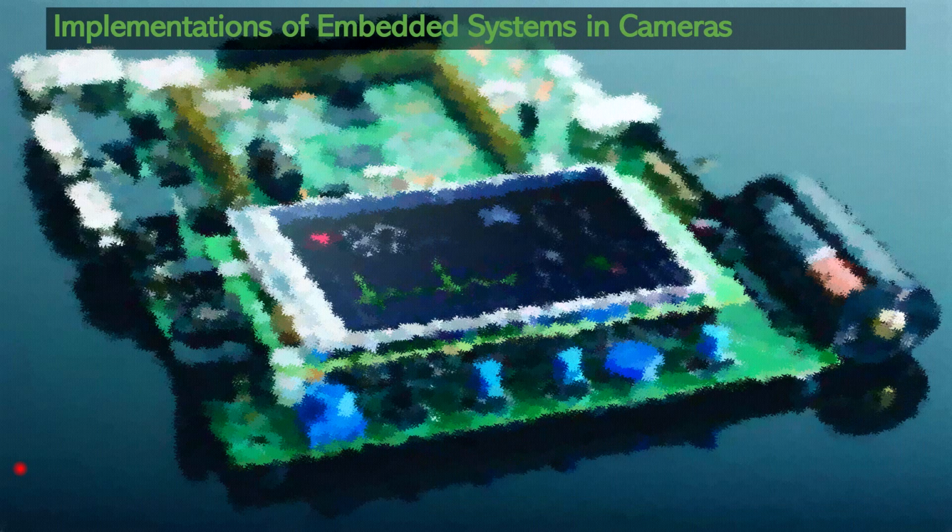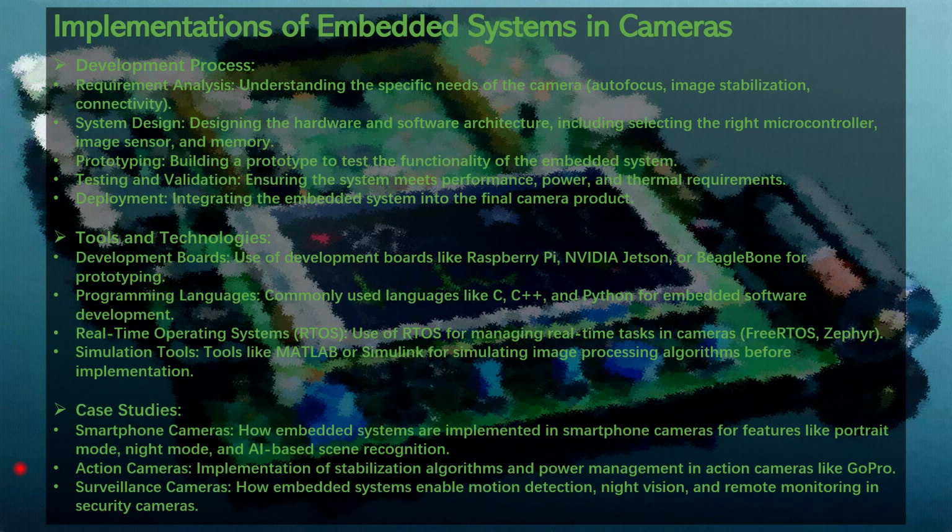Implementation of embedded systems in cameras. Development process. Requirement analysis: understanding the specific needs of the camera. System design: designing the hardware and software core architecture, including selecting the right microcontroller, image sensor, and memory.